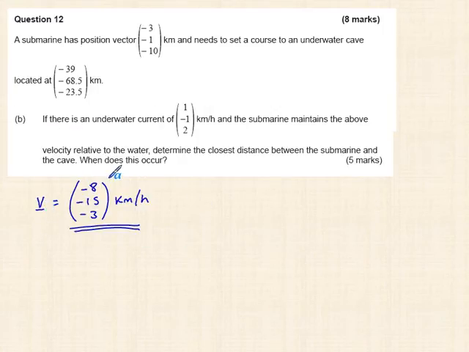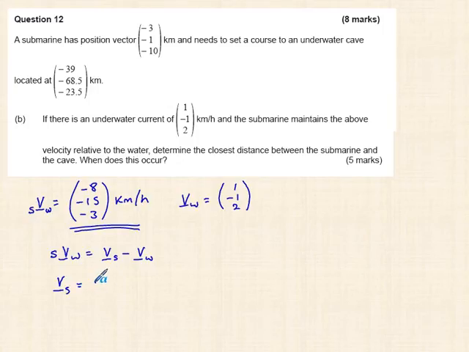We're told in the question that this velocity is the submarine relative to the water, and we're given that the velocity of the water is (1, -1, 2). Now, SVW is equal to VS take away VW, so the velocity of the submarine is SVW plus VW.